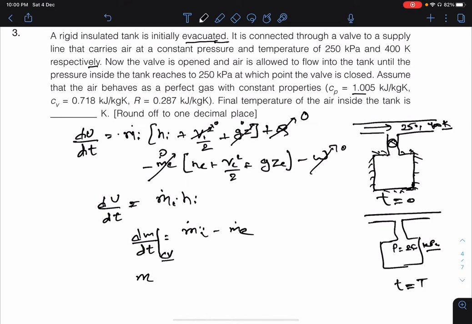So m2 minus m1 is equal to m_i dot minus m_e dot. So we know at t equal to 0, it is evacuated. So m1 is equal to 0, there is no mass present and there is no outlet.